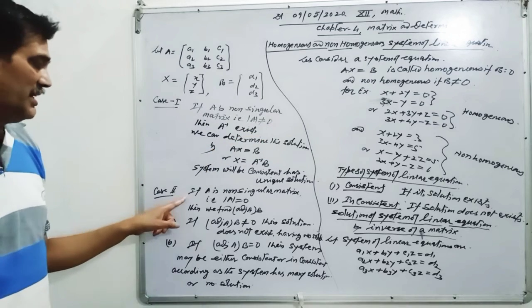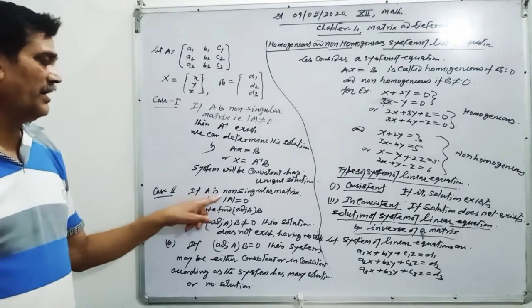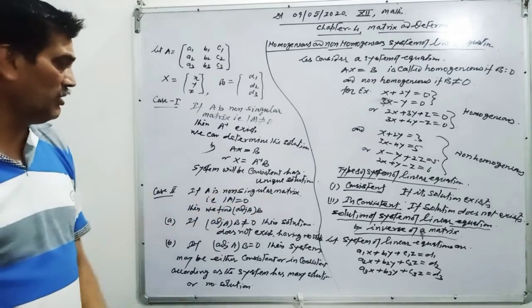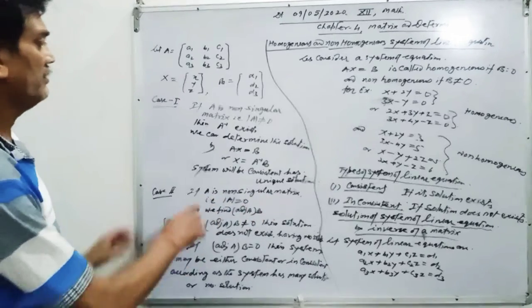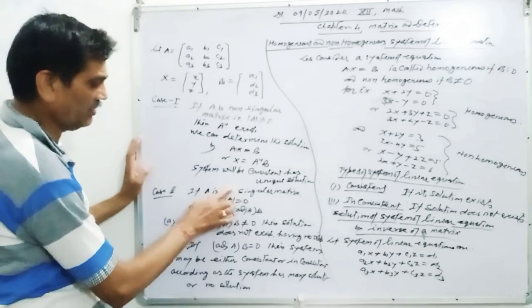Now, case number two: A is a singular matrix, not non-singular.